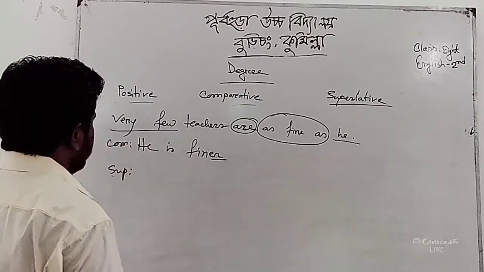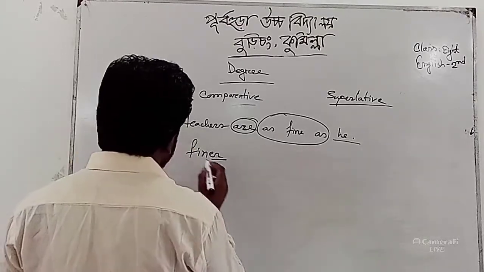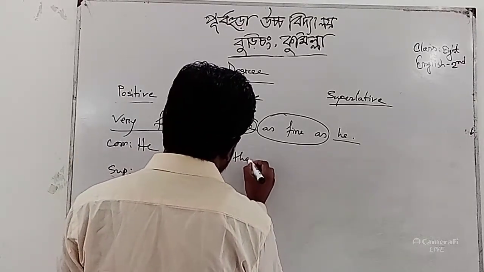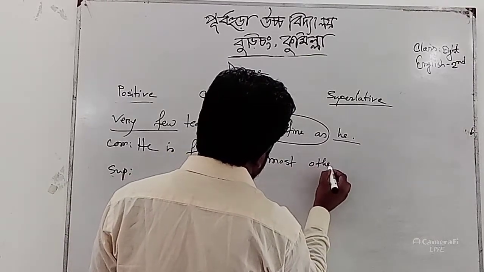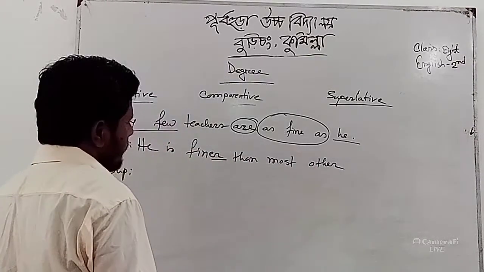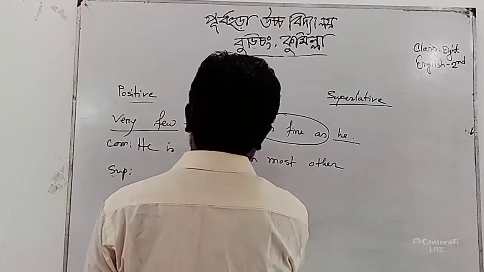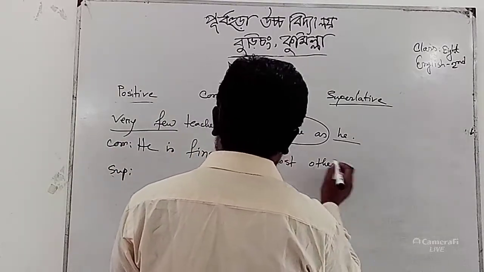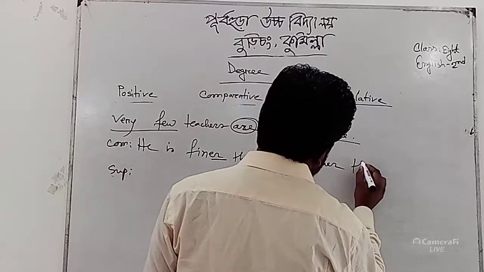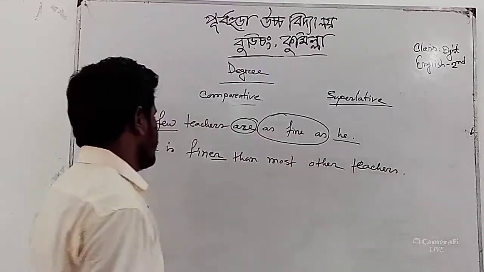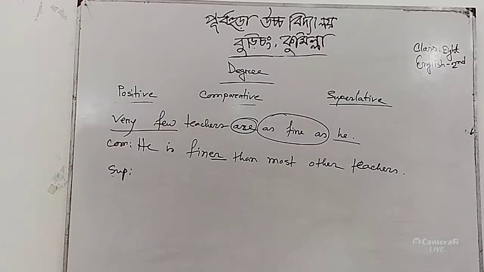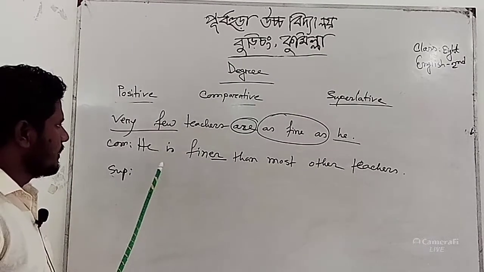Then we see very few. So instead of very few, we can write then most other. He is finer than most other, and then the first subject, teachers. This is the criteria, dear students.